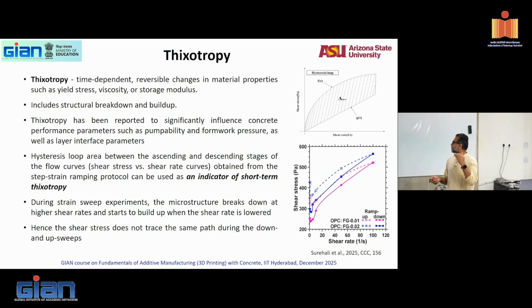one of the most important applications of thixotropy, which is in pumpability and formwork pressure. Self-consolidating concretes, for example. When you have concretes that flow like water, it influences the formwork pressure much higher than a solid. Because if it's a solid, all the weight is going down. If it is a liquid, it is applying a lot of pressure on the formwork.